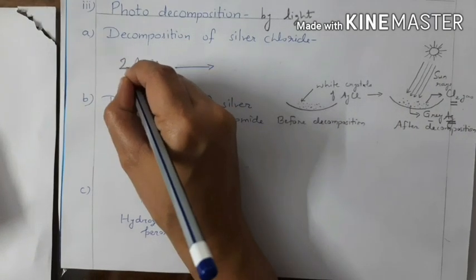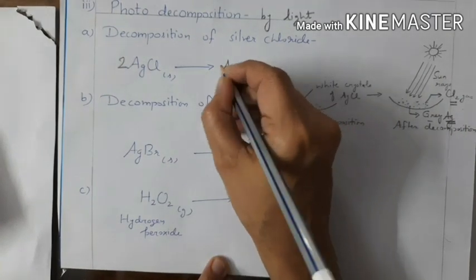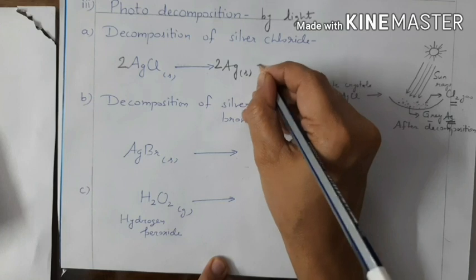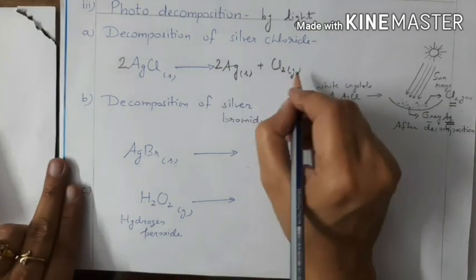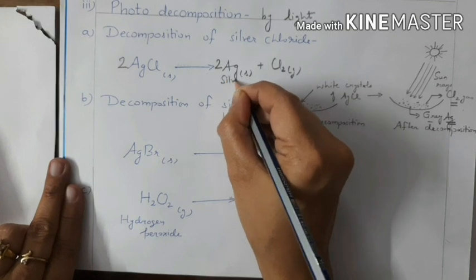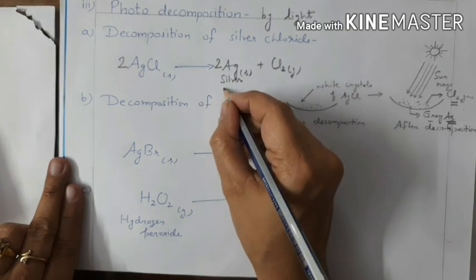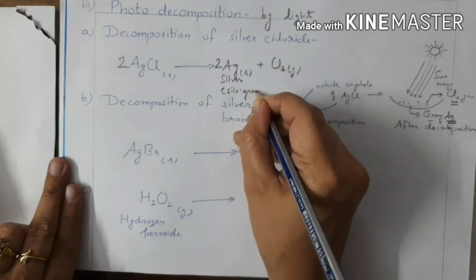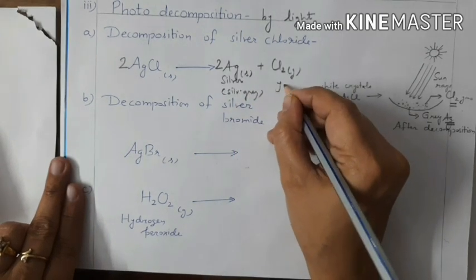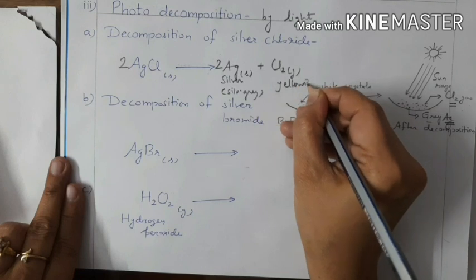So we can write this reaction as silver chloride breaks down into 2 substances, silver and chlorine. Silver is a silvery gray colored substance, while chlorine gas is yellowish green.